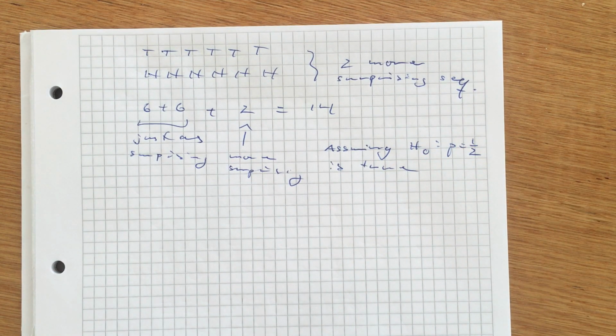So then we can compute the probability of getting a sequence that is just as surprising or even more surprising under assumption that the null hypothesis is true. So let's write that down.